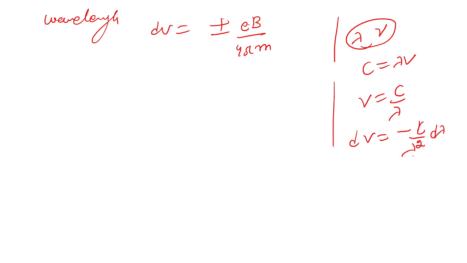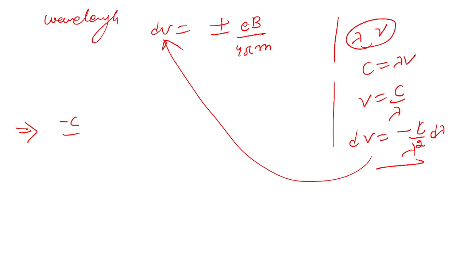By putting this value in the expression, the final expression for the difference in wavelength is minus c over lambda square d lambda equal to plus or minus eB over 4 pi m.